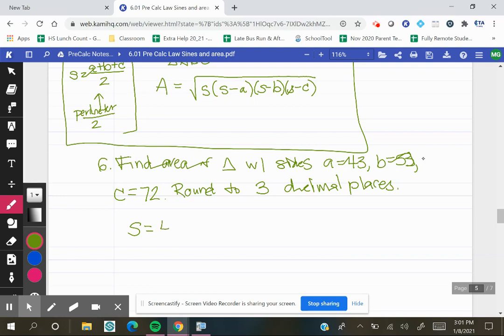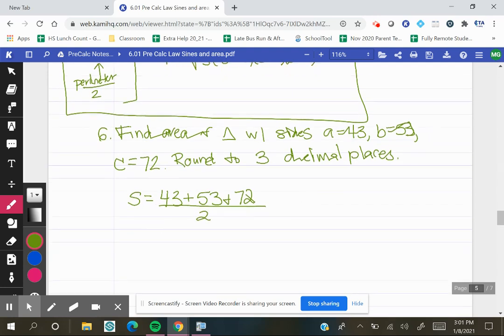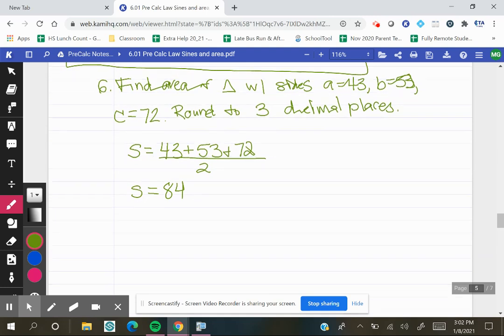So we're going to take 43 plus 53 plus 72 and divide all that by 2. So that gives you 168 divided by 2, or 84. Now we're going to substitute in to find our area.